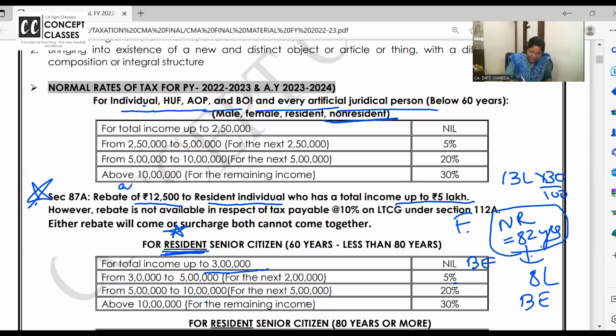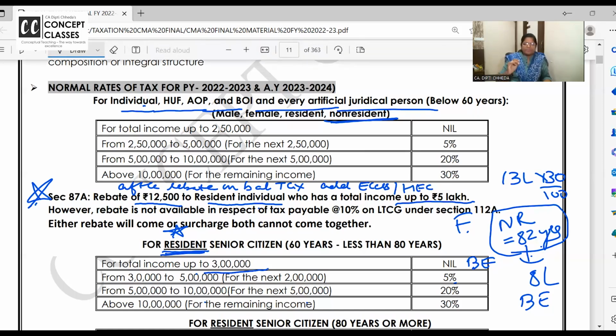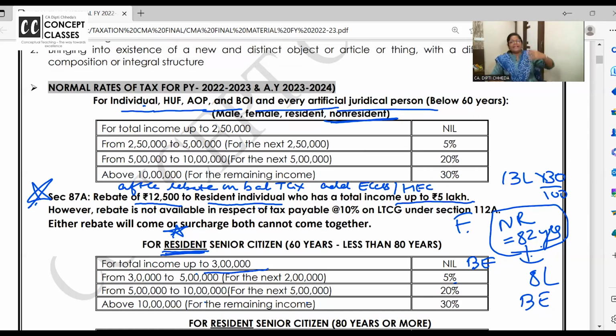I want all of you to write here. After rebate, on balance tax, add cess. I'm writing education cess, health and education cess also you can write HEC 4%. Tax minus rebate, add cess. Okay.